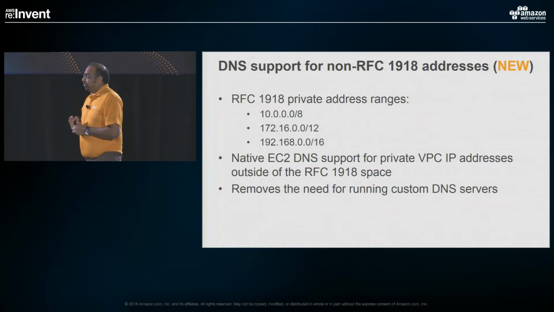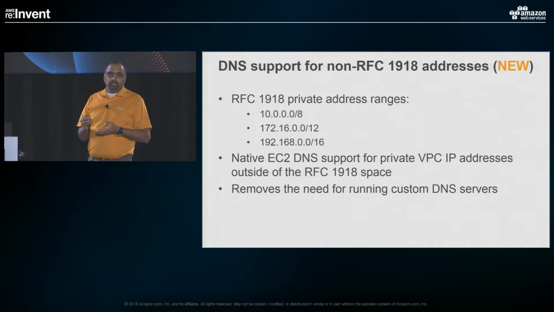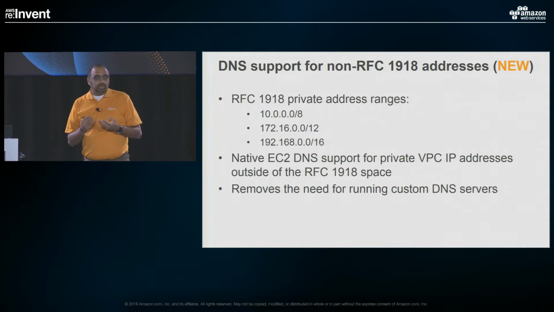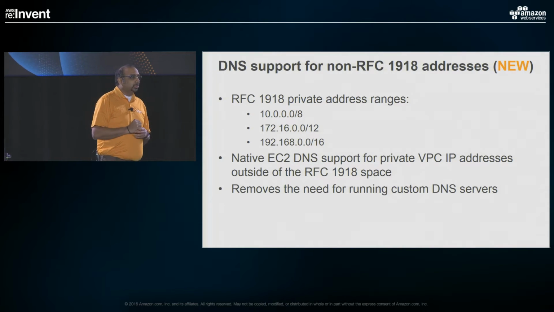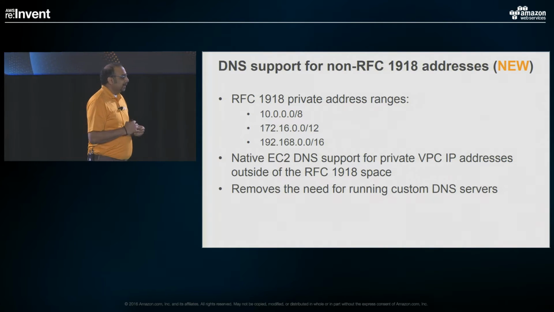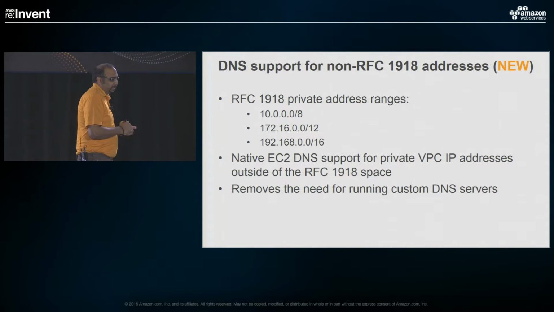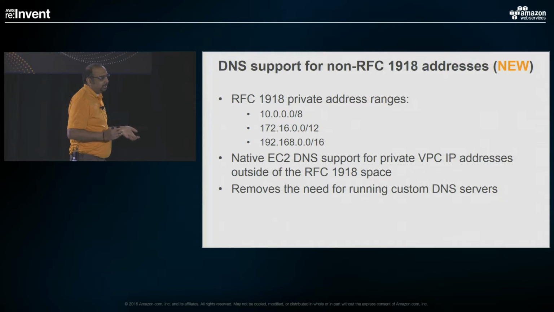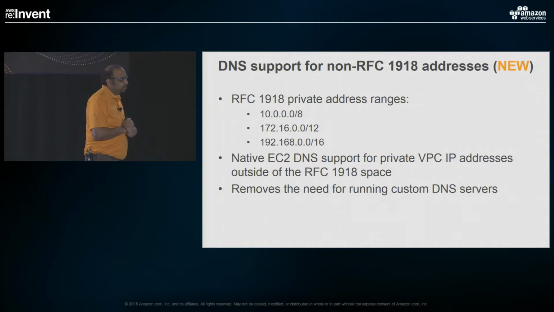First, we launched a feature in October of this year, which is adding EC2 DNS support for non-RFC 1918 addresses. Let's first look at what non-RFC 1918 addresses are. The IETF, the Internet Engineering Task Force, basically said, hey, we need address space that is non-internet routable.